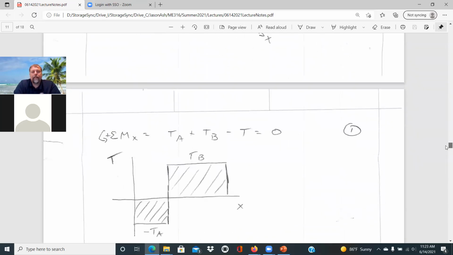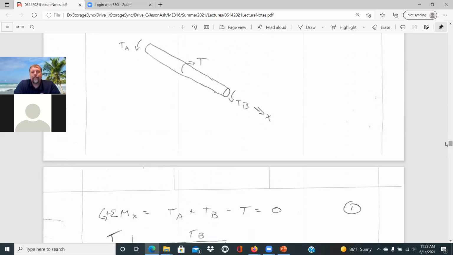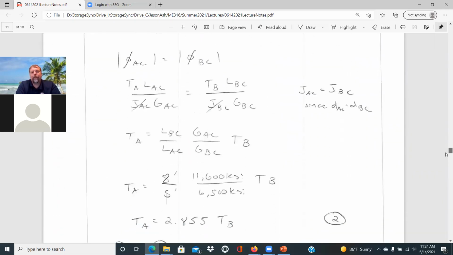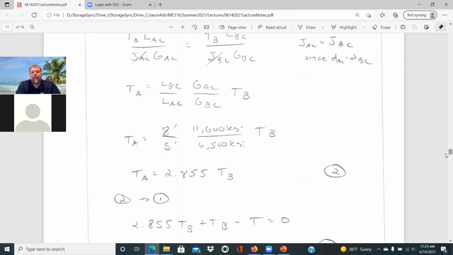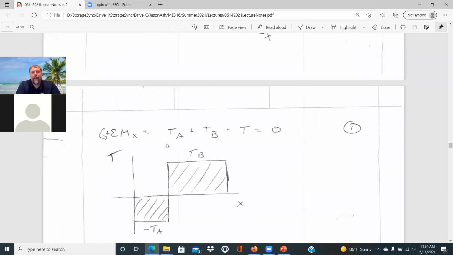And then if we plug that into equation 1, looking at our summation of moments about X, now we can take a look at that further again too, just recalling if we have our positive X direction, thumb going in that direction, we'd have TA plus TB minus T is equal to 0. And so all we're doing now is substituting TA of 2.855 TB into that first term.